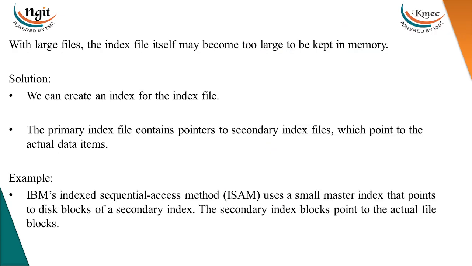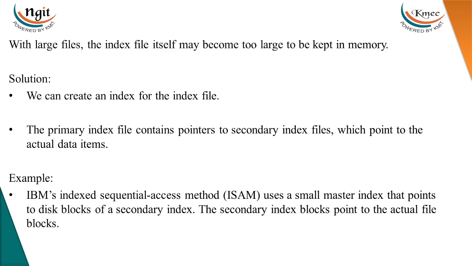With large files, the index file itself may become too large to be kept in the main memory, because this index file should be kept in the main memory. So for large files, we need to create an index to the index file, that is, multi-level index files.